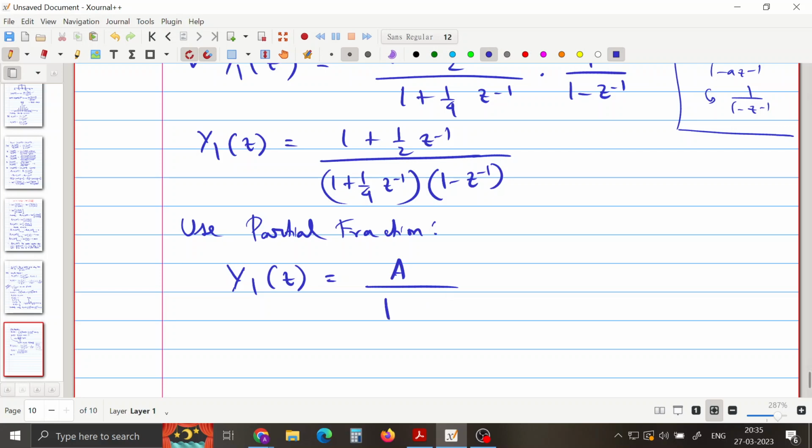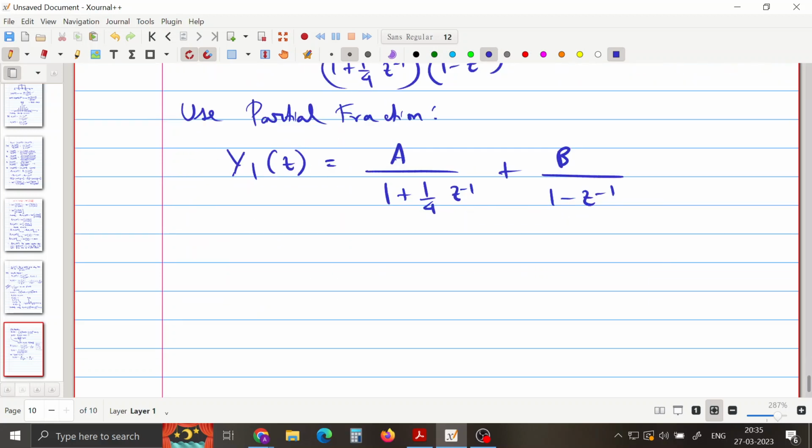So with residues a and b, let's say I can write this. Then if you solve, verify that Y1 of z is this.